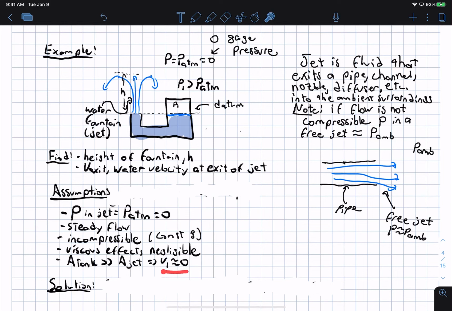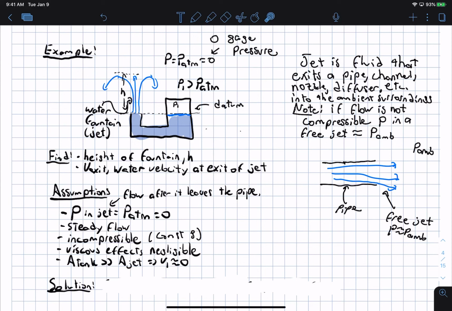You will get used to that as you work more and more in this class. And again, I will just reiterate that a jet is the flow of the water after it leaves the pipe.